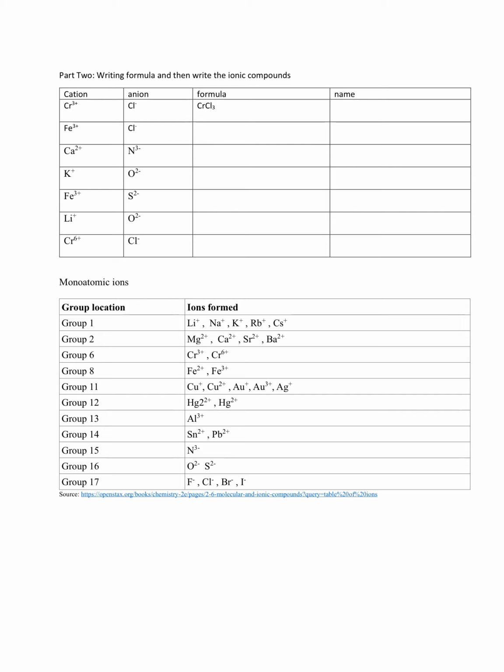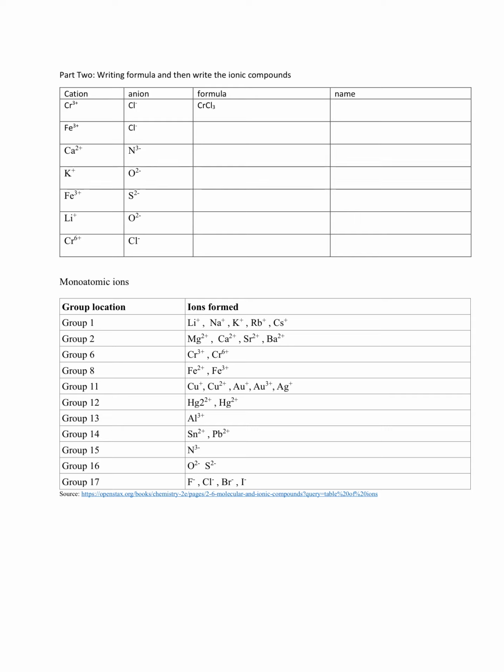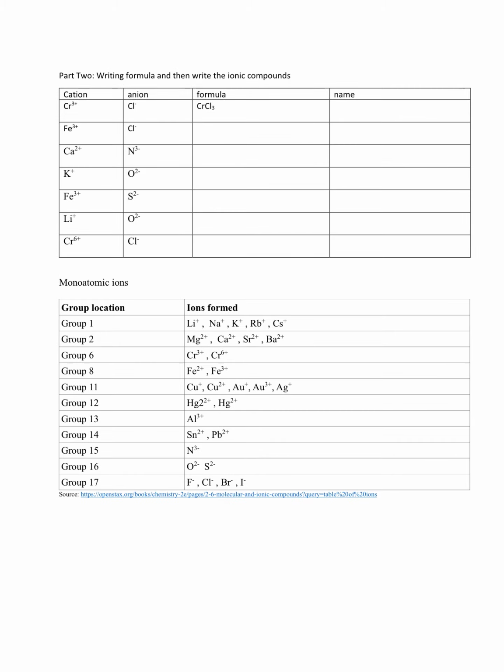Now on part 2, write the formula and then write the ionic compound name. So I've given you the anion and cation for each one of these. What you're going to do is put them together to write the formula and then write down the name. So let's look at the first one. You have chromium, and if you look, it has a charge of 3 plus.